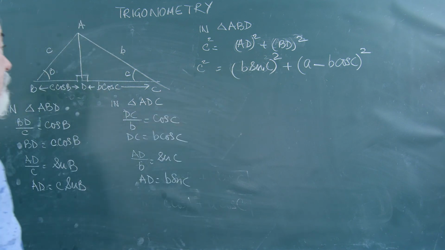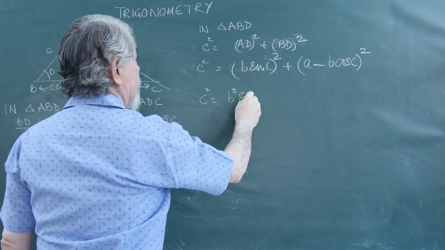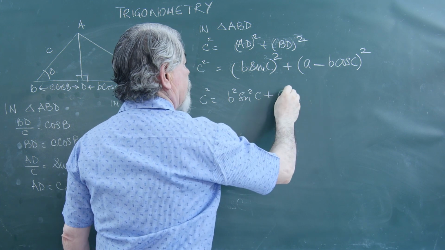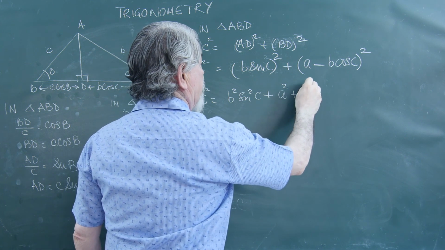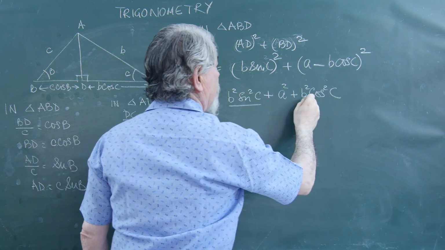So let us see this. C square is equal to B square sine square C plus A square minus 2AB cos C plus B square cos square C. Now you see this will combine.